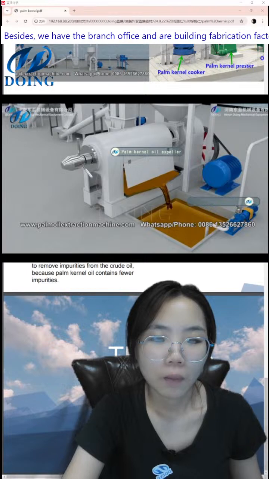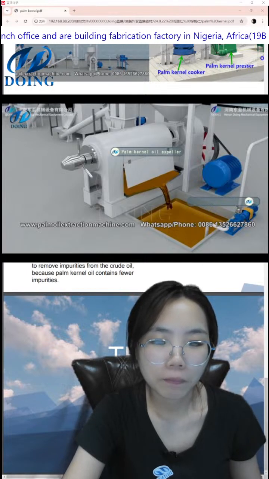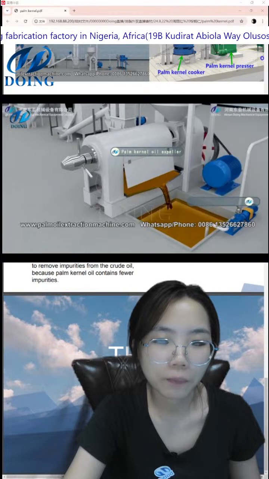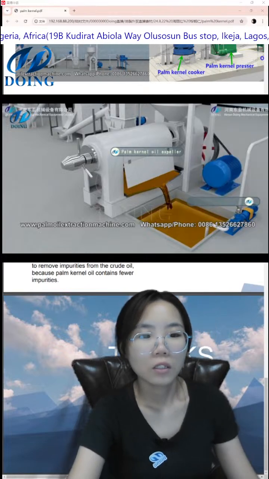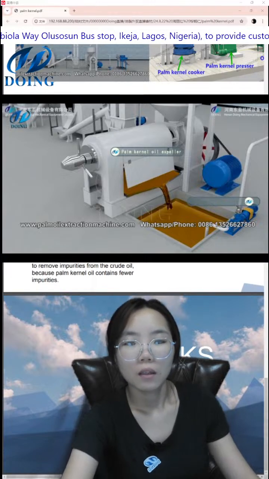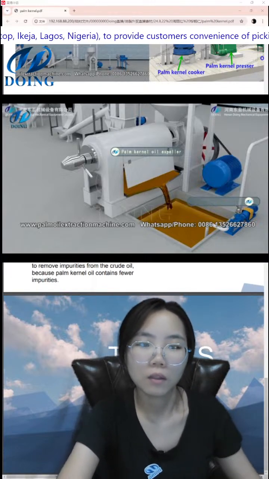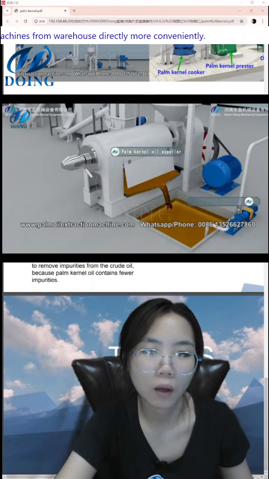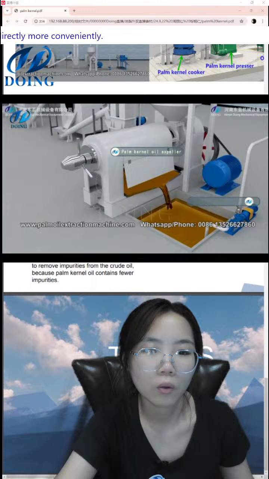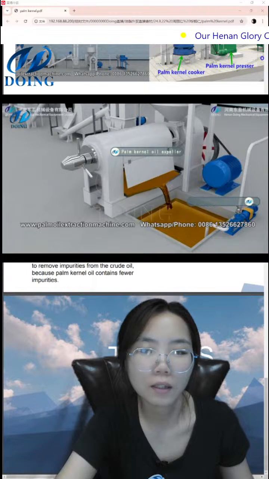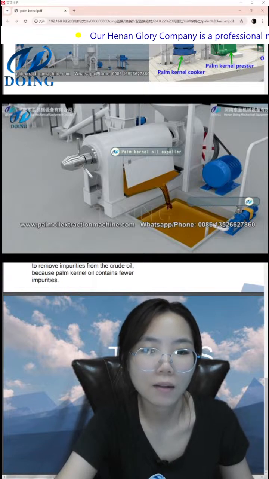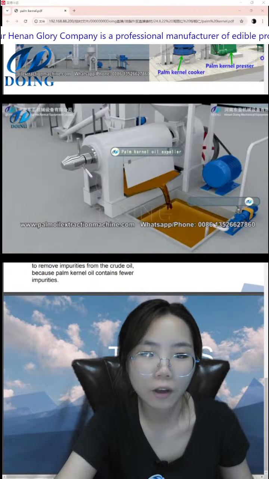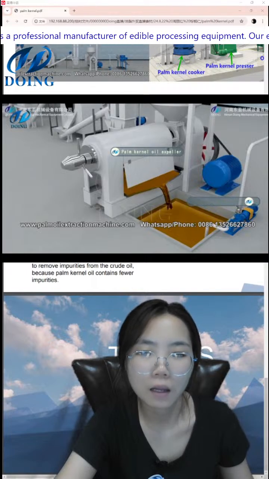The metal workpiece is heated to a certain temperature, and then immersed in a coolant like oil, water, and so on for rapid cooling. The purpose is to increase the hardness. Therefore, our oil press has a longer service life than other oil press processors on the market.